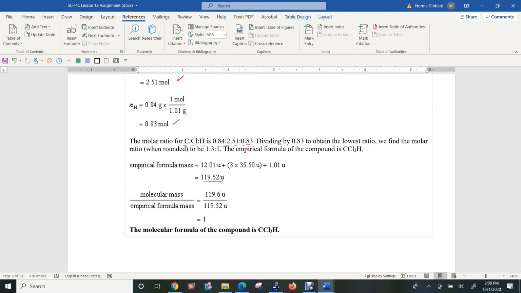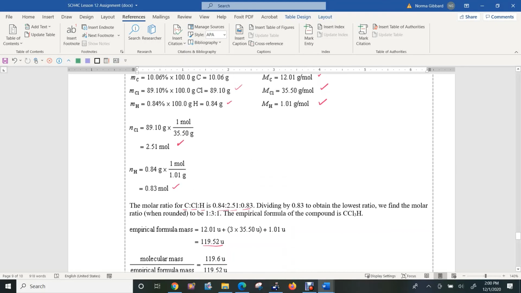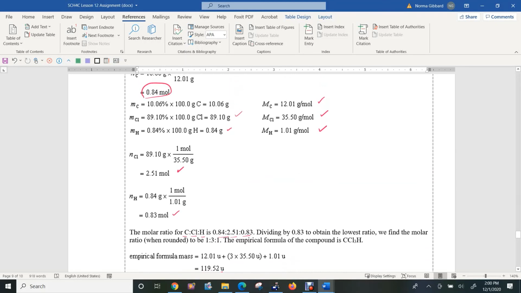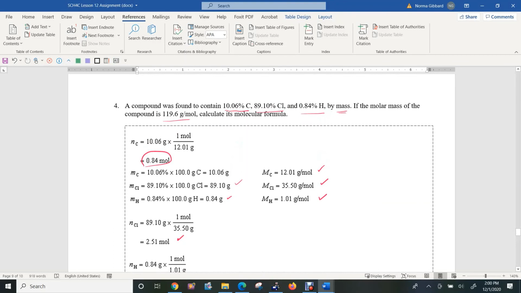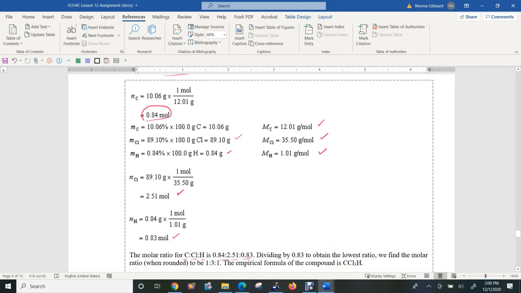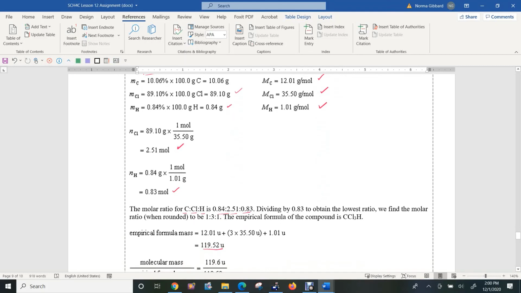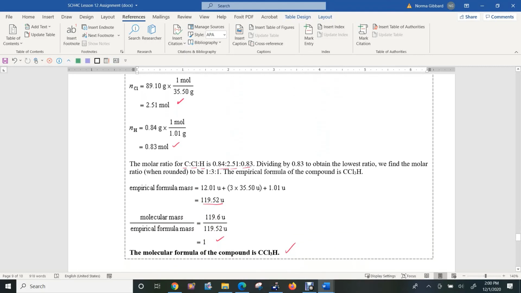So take your molar mass, divide by your empirical formula mass, and it's equal to 1. So that gives you your molecular formula. And that ends lesson 12.